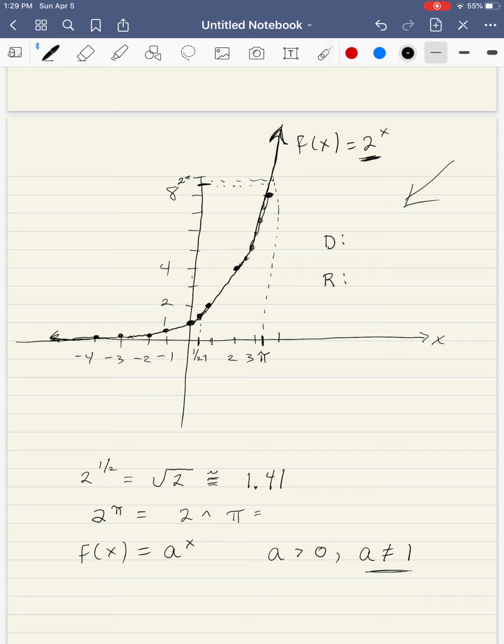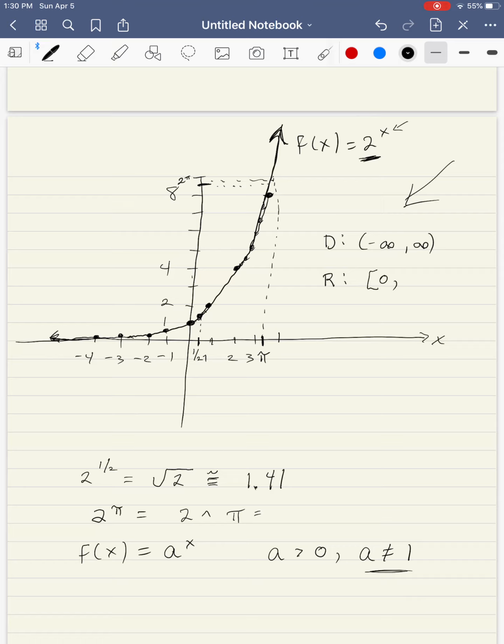And we see that if we sweep across from left to right, our domain is negative infinity to infinity. And that tells me that I can use any value for x that I want. Negative, positive, 0, rational, irrational. I can use any exponent I want. And my range, notice my range is starting here at the x-axis, which is y equals 0.